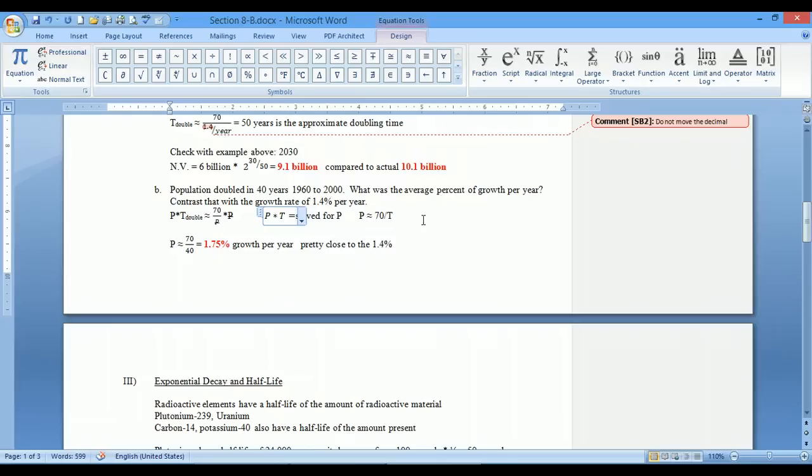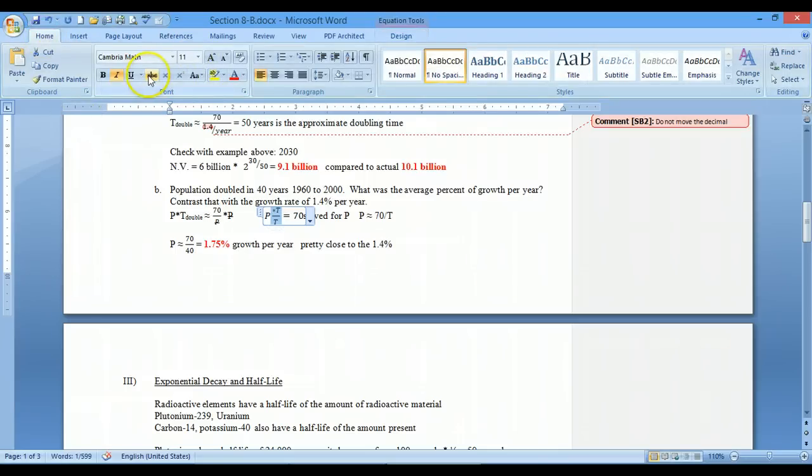In this case, I'm only left with 70 on this side, and I need to solve it for p. So I need to divide both sides. I'm going to change this to a fraction. Divide both sides by T. Now I have one on top and one on bottom. These can both be canceled out.